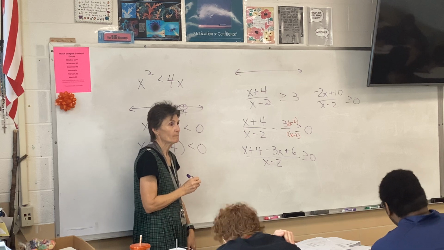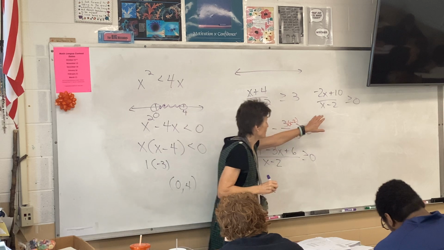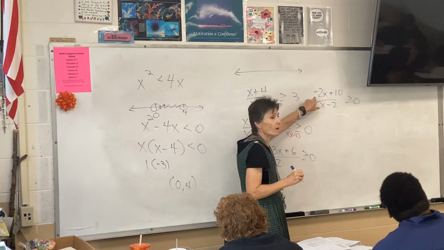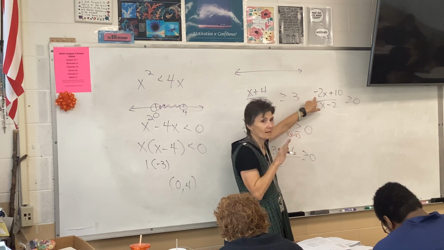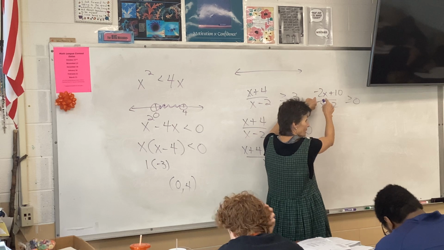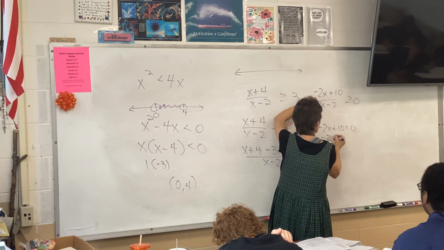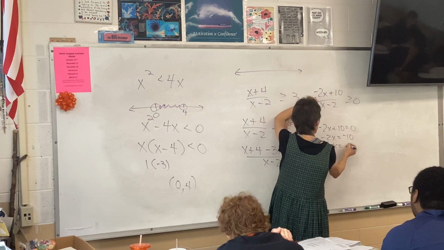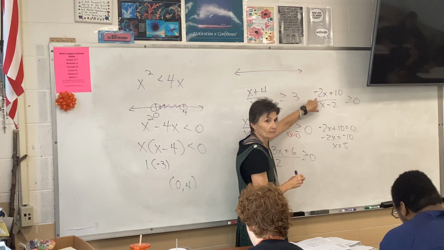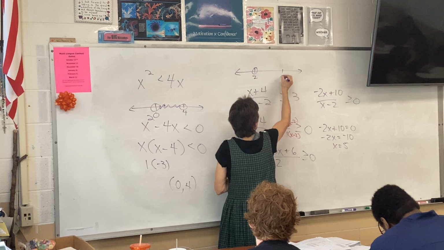Everybody good at this point? So now I'm ready to put my dots on. This one is easy. The dot's at 2. This one is easy for some of you, but it's not so easy for others. So if you can't see where that dot goes, set it equal to 0 and solve it. And that will tell you where the dot goes. The dot goes at 5 and 2. So we have a dot at 2 and a dot at 5.